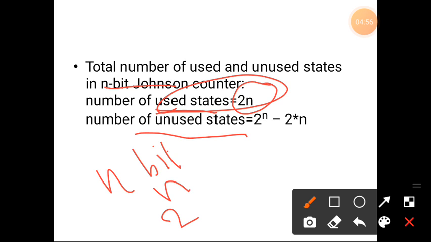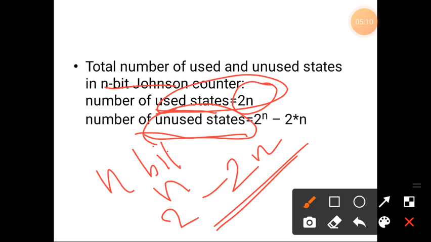So the unused states will be 2 raised to n minus 2n. How to find the unused states? Unused states equal total states minus used states. Total states for n bits is 2 raised to n, and used states are 2n. Subtract both, and we get the unused states.